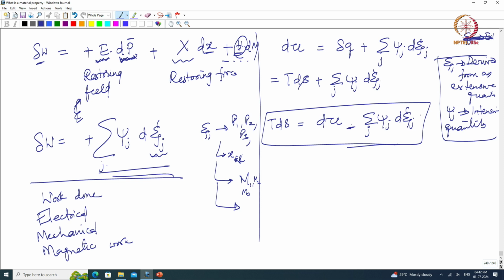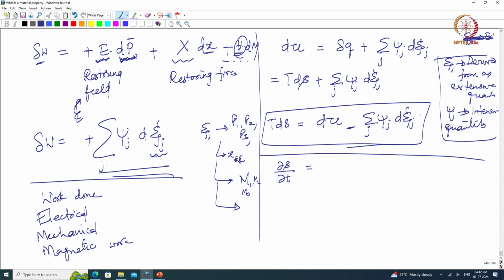Okay. So, now I am going to go towards what is dou s by dou t, right. So, what is the change in entropy as a function of time? This is the quantity that I want to actually understand, right.